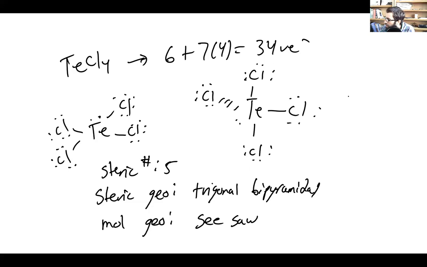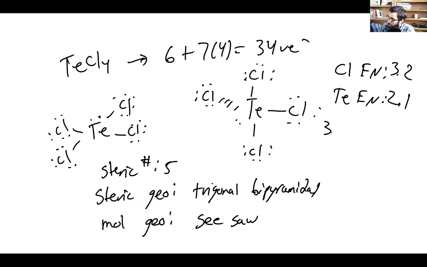And so for that, we're going to look at the electronegativities, chlorine electronegativity and tellurium electronegativity. The chlorine electronegativity, look this up on a chart, is 3.2. And tellurium electronegativity is 2.1. So your difference there is 1.1.